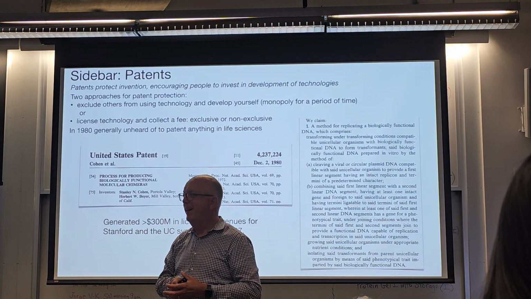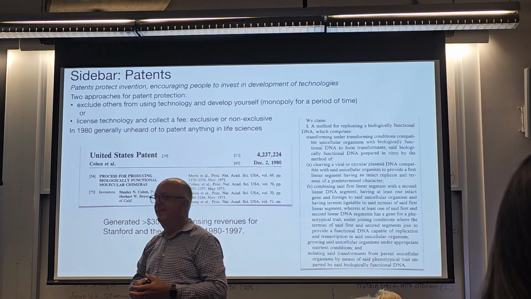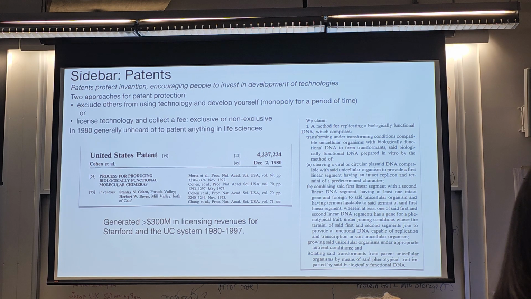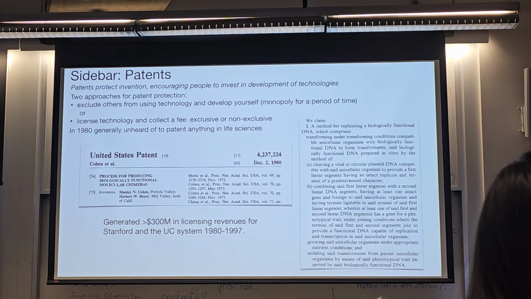Any other ideas of how to, yep? Could you patent effectively use the problem? Yep. So that's not naturally occurring, right? So you can use the vector that you use. Any other ideas of how you might patent it? You could add a synthetic element and patent that.